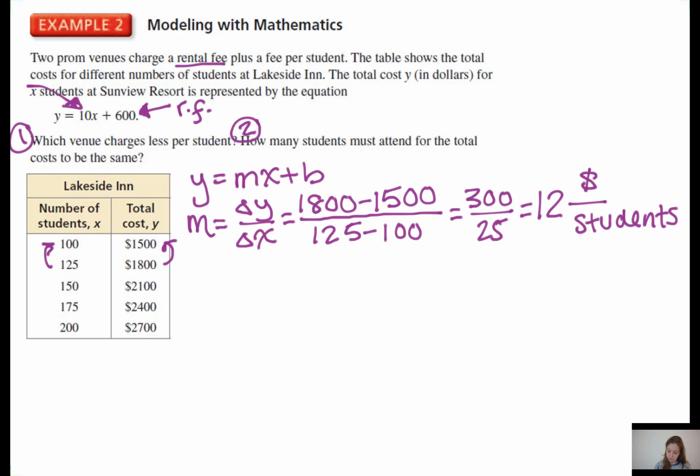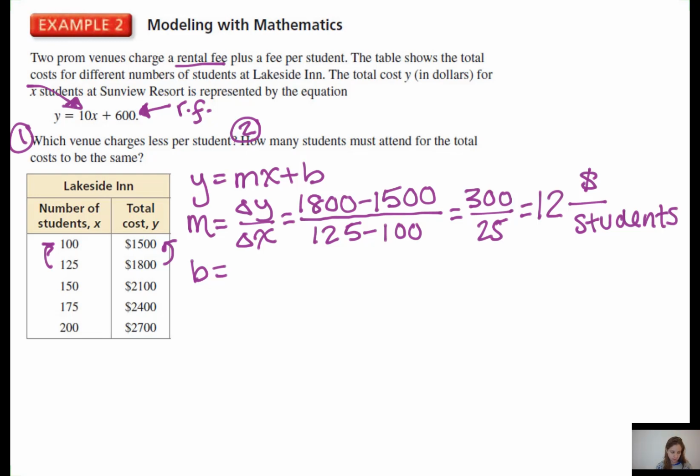Now to find the b value, this is not as straightforward because I don't see a y-intercept, but I know m, and I know an x and y pair. I actually know several x and y pairs. I'll just pick one of them.